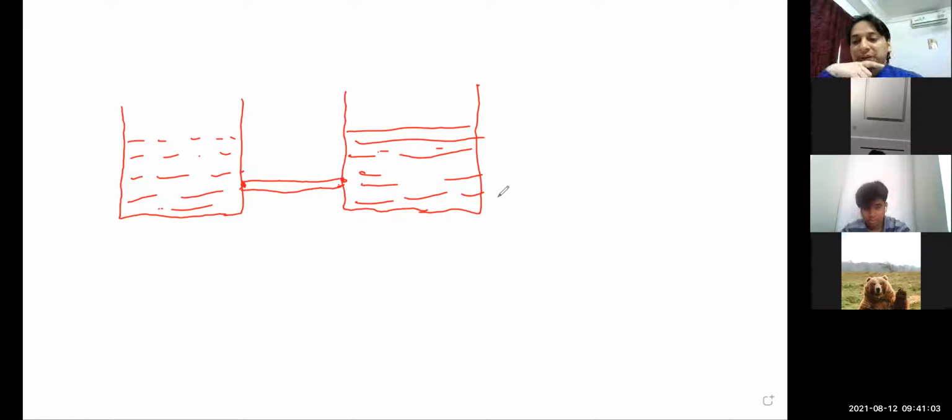They are placed at the same level and they are connected with the pipe. No, sir. Yeah, the water won't flow from one container to another container.